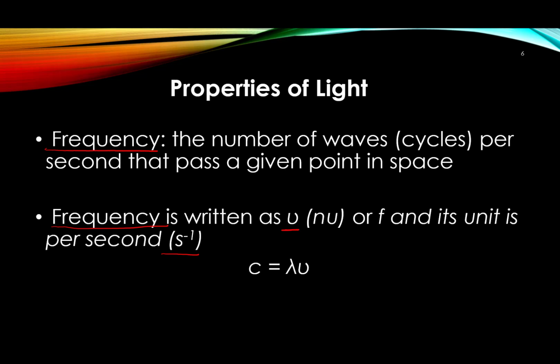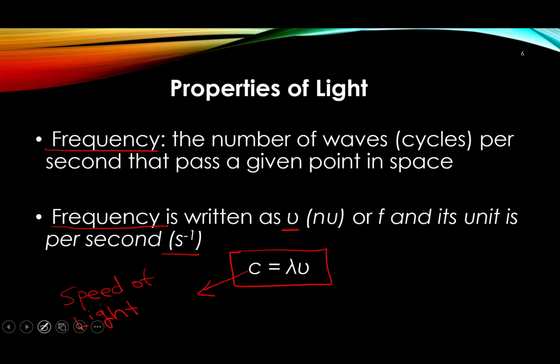Then if you look at this equation, c is a constant. It's the speed of light, which is a constant value. Let me change my color so that it might be visible.